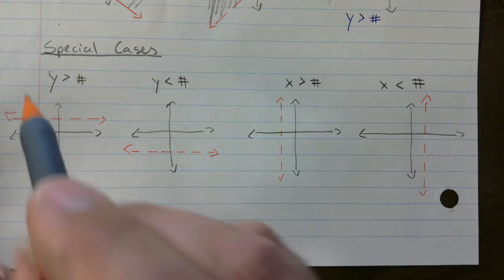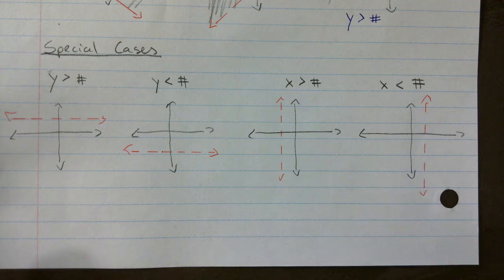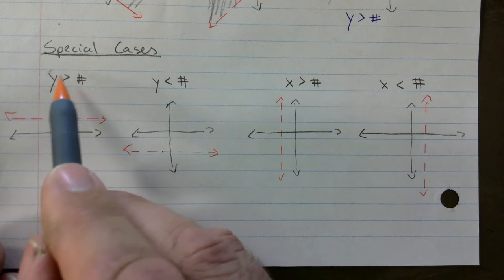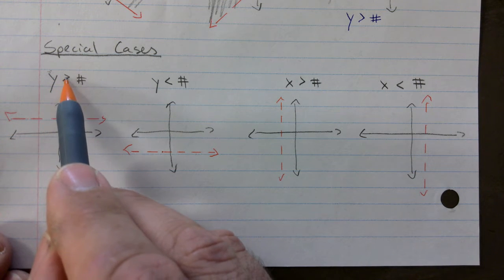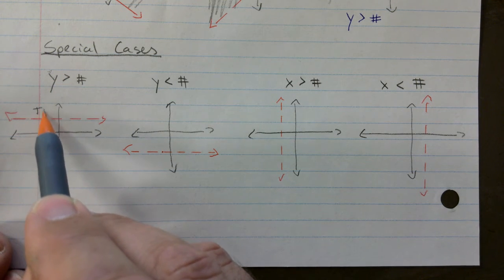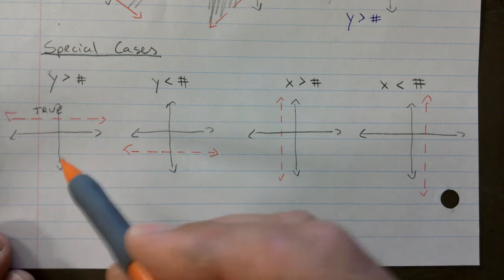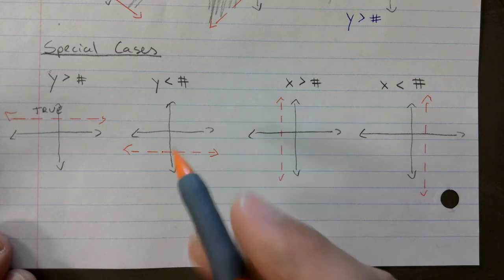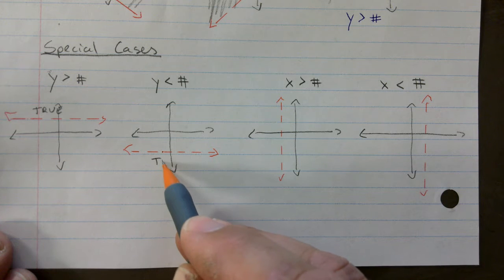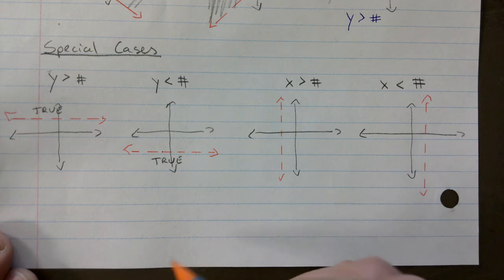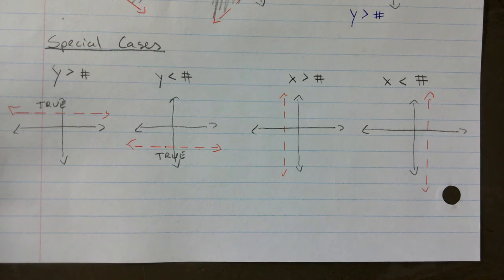So again, when y is greater than the number, where is the true region? Y is greater than, above, right? True is here. Y is less than a number, true is below. What about just x?